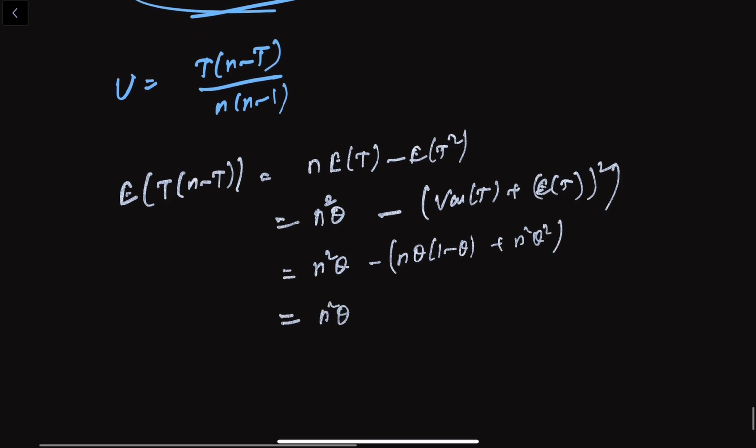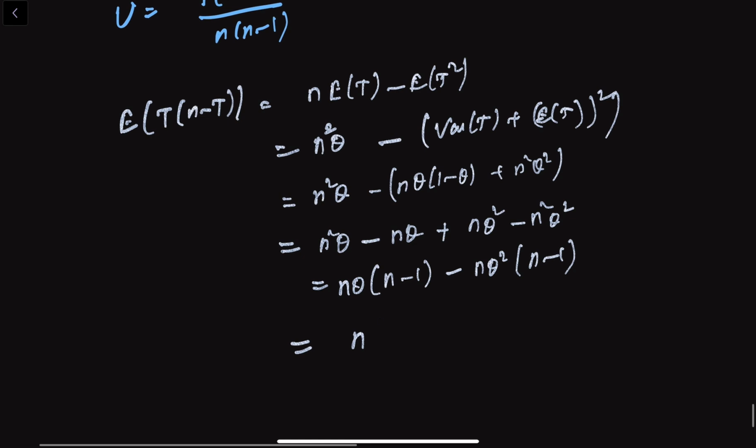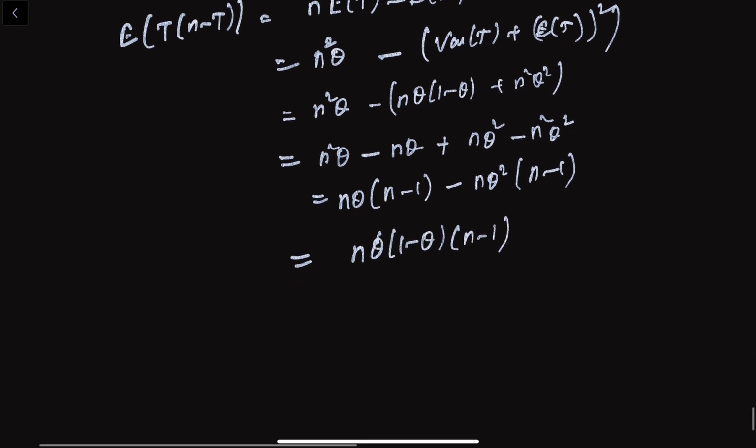That is n square theta minus n theta plus n theta square minus n square theta square. Taking n theta common, the first part is n minus 1, and the second part is minus n minus 1 times theta. So that is n theta into 1 minus theta into n minus 1, which is the expectation of T into n minus T.